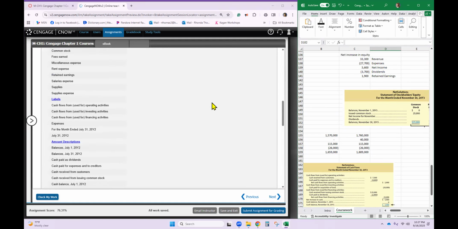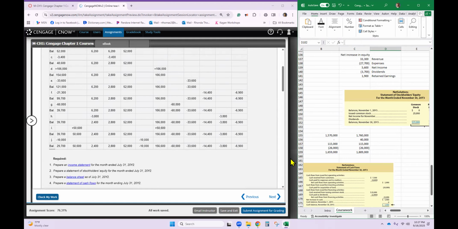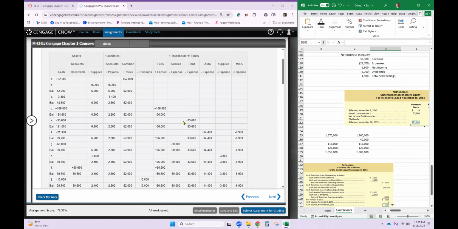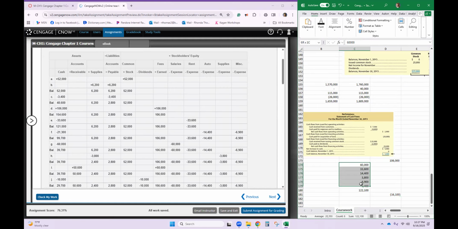So some of this, the cash, oh, I know, it's the supplies. All right. So what you have to watch is each expense that's paid for cash. Let's start over on this list. So the first thing we paid in cash was cash to creditors. So I'm going to put that down. Then the next that we paid was rent.